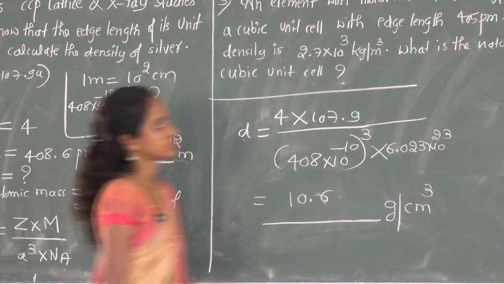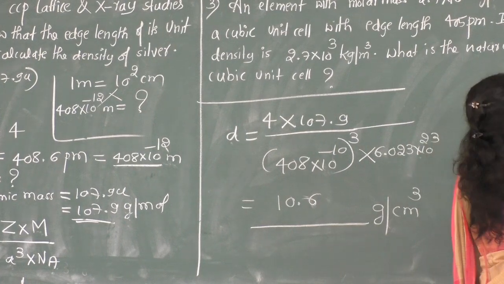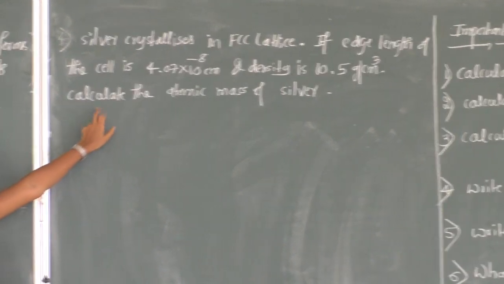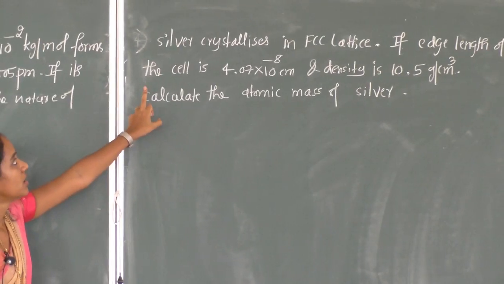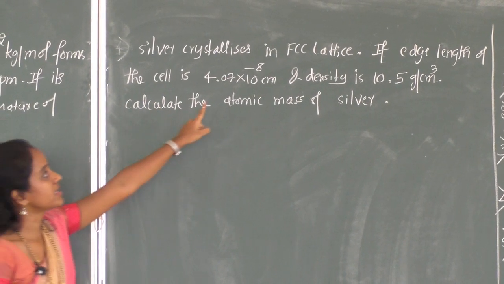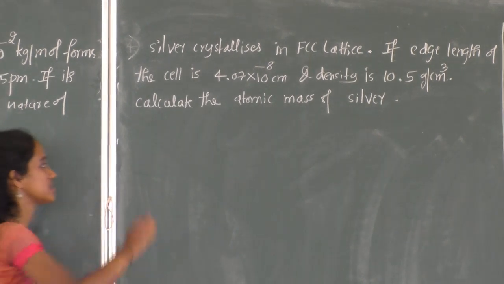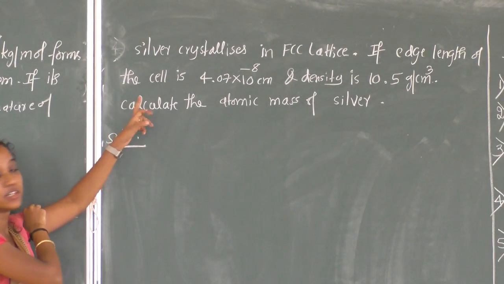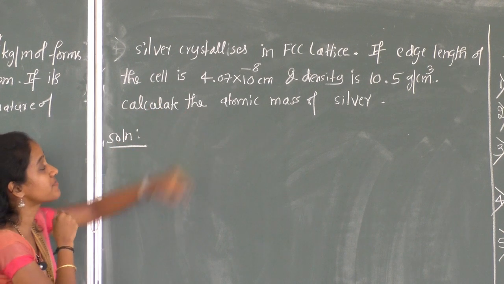Now see one more problem here. Silver crystallizes in an FCC lattice. Silver crystallizes in FCC.